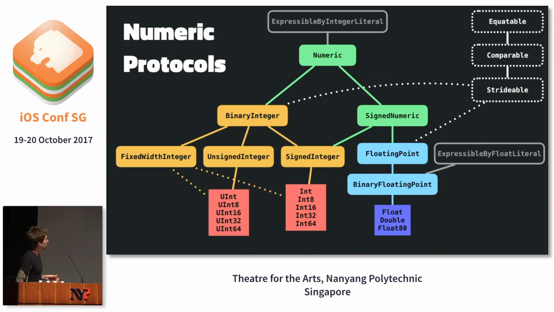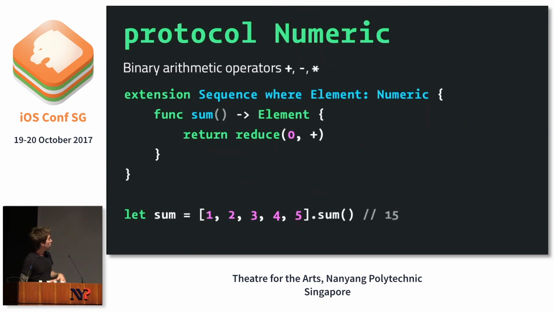And now it looks like this. We have our top level Numeric type that breaks down into SignedNumeric. Then we have our integer and floating point protocols. So we're going to go through each of these, see what each one provides, and then move on to some more stuff. So Numeric, we get our basic operators there.